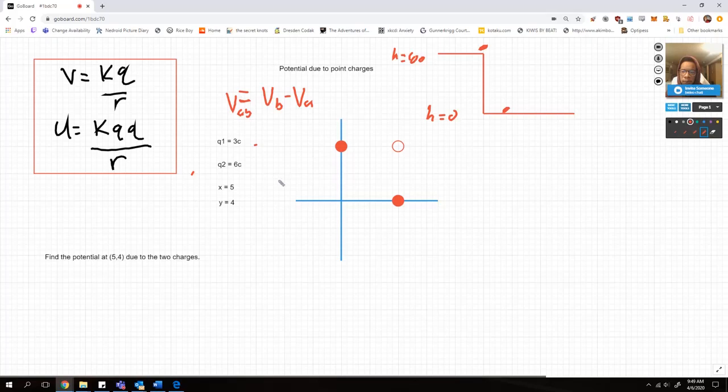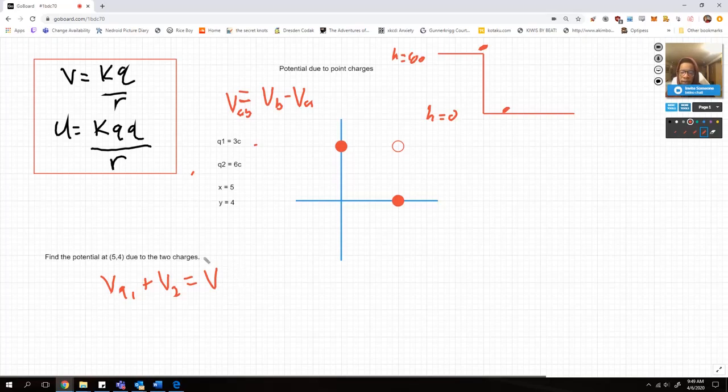So all I have to do is plug in the potential due to charge 1 plus the potential due to charge 2, and that's going to be equal to my potential at (5, 4). So I'm just going to call that my potential.